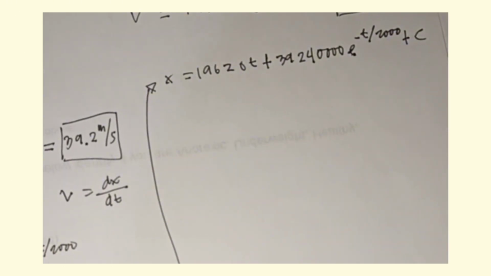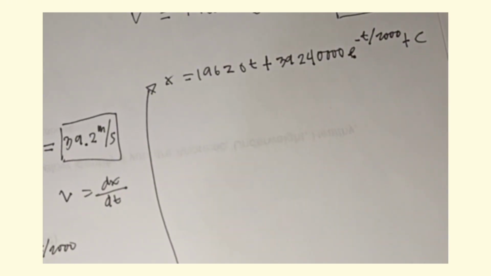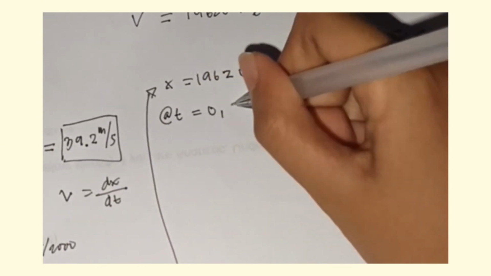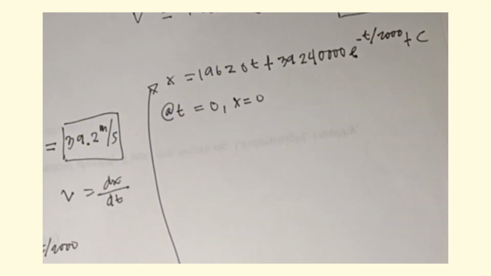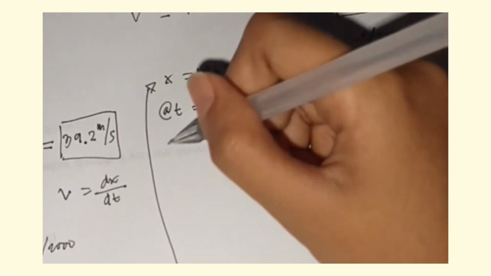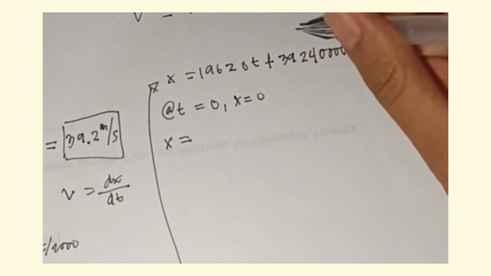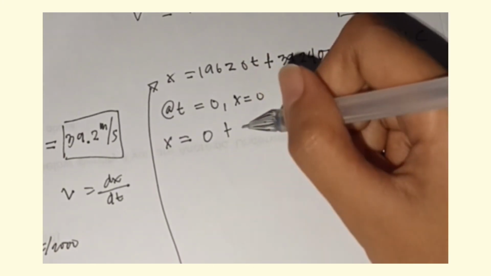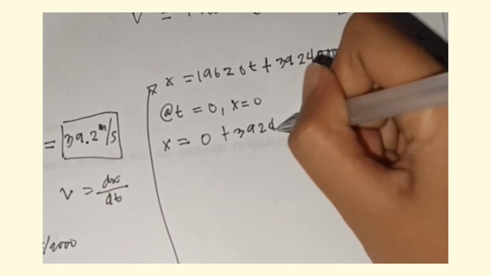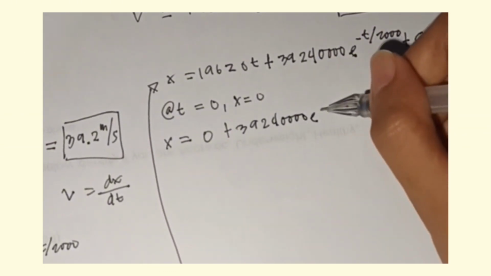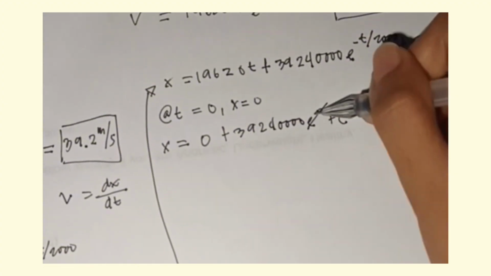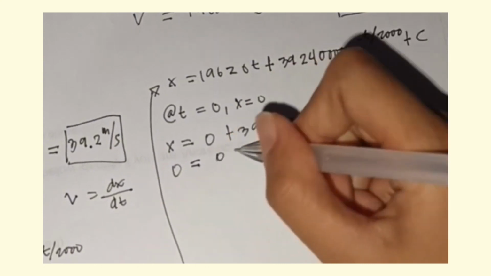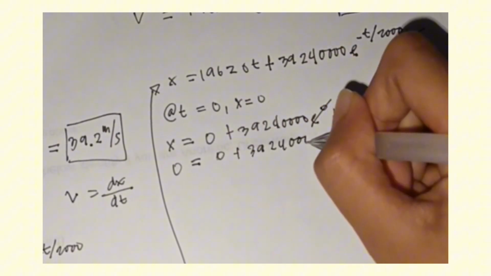So we need to find again the value of c. Okay, so at time equals 0, the distance traveled by the ball is equal to 0. Applying in our equation, 19620 times 0 will become 0 plus 3924000 e raised to 0 plus c. The value of x also is 0. So 0 equals 3924000 plus c.